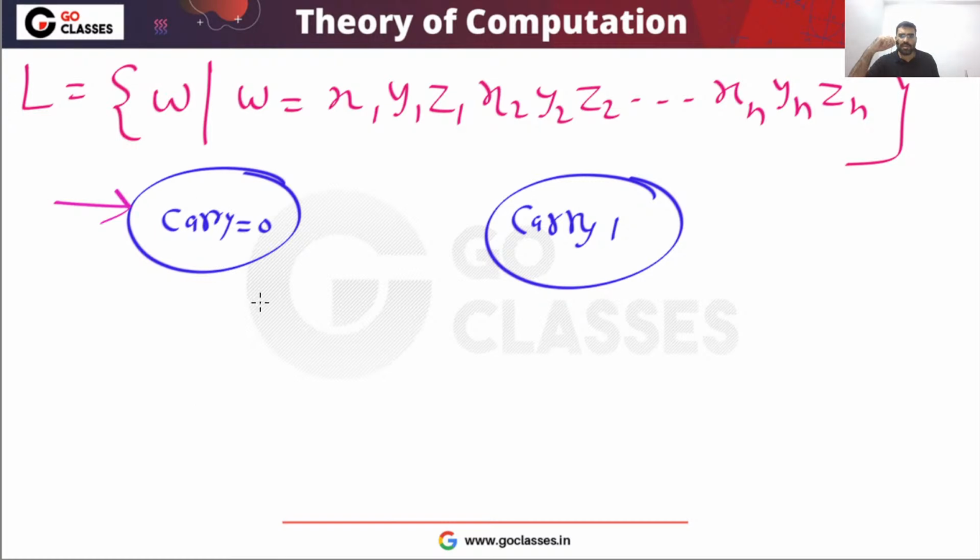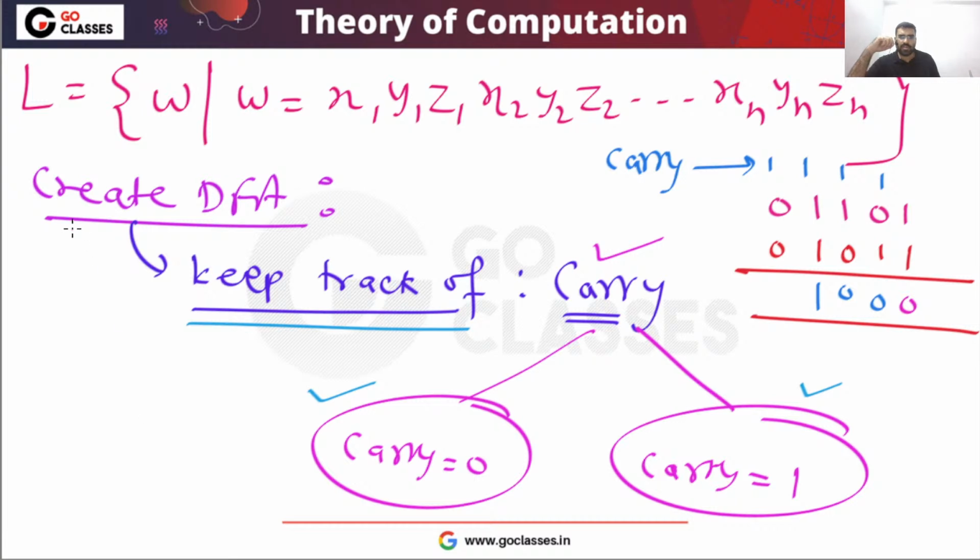Now tell me, in this initial state where carry is 0, if the first symbol is 0, what should I do? If the first symbol is 0, it means the LSB of x is 0. And tell me one more thing: when creating the DFA, which will be the final state?